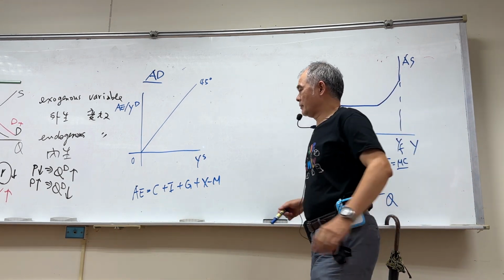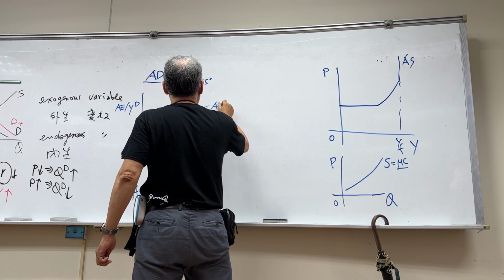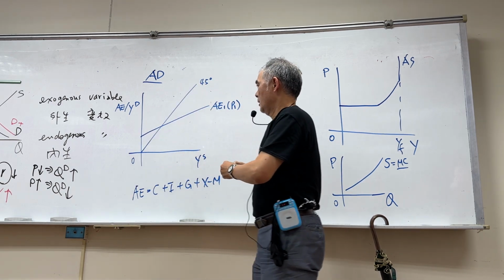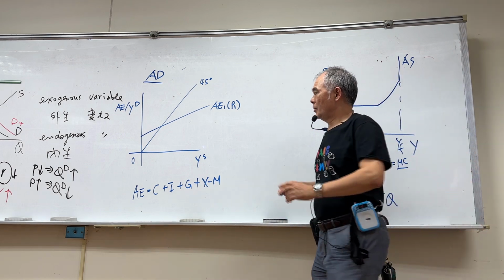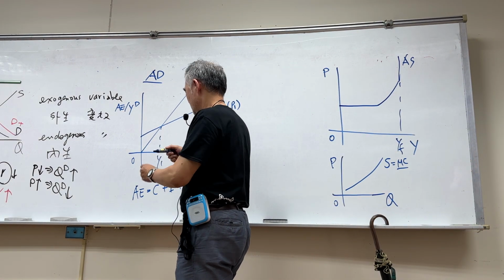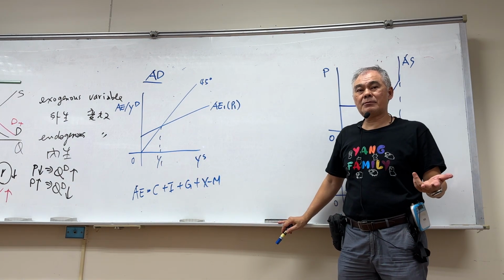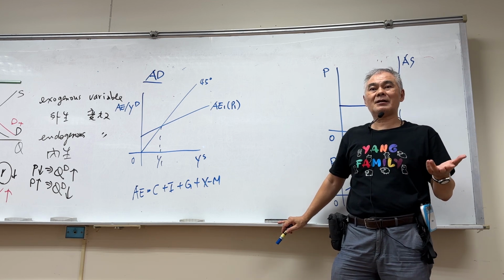Okay, so let us say this is aggregate expenditure 1 at price level P1, okay? And so here will be Y1. And then we have another aggregate expenditure curve, but actually, we suppose they are the same.